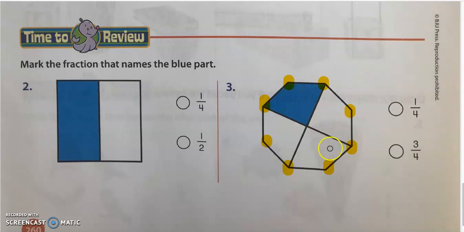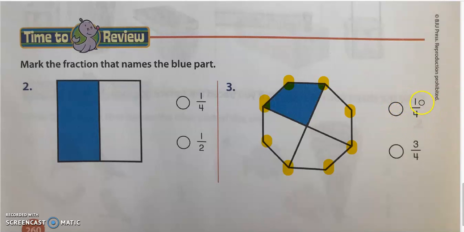But how many parts is as a whole set? How many different parts do we see? 1, 2, 3, 4. So we need 4 at the bottom. Okay, both fractions have 4 at the bottom. But how many blue parts do you see? Yeah, only 1, right? So we would need 1 on top, which is this one, 1/4, a quarter, right?